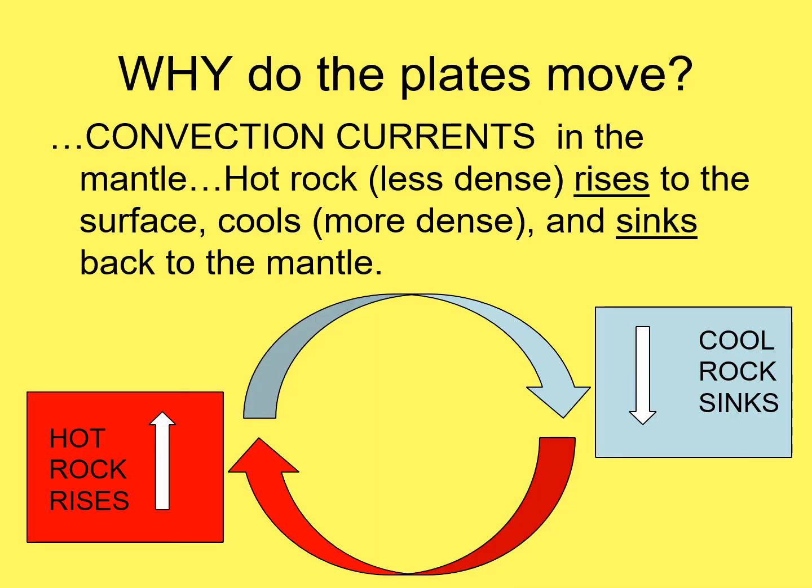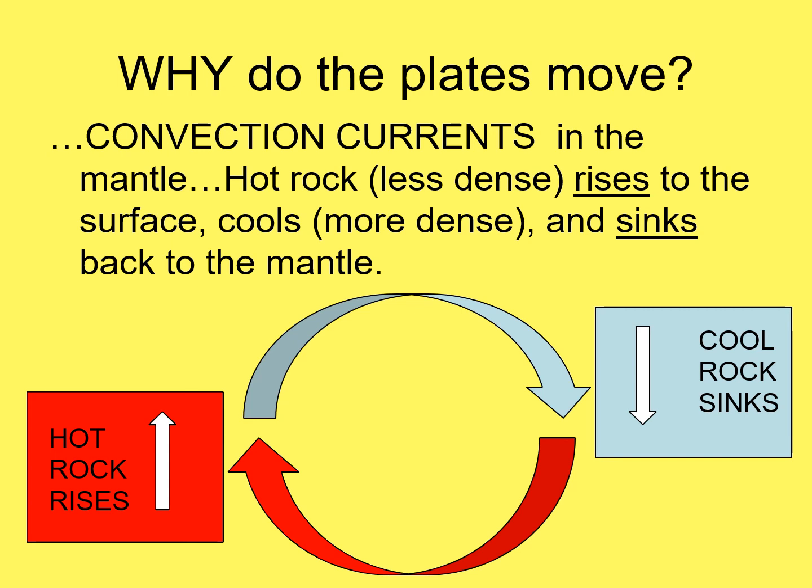You may be asking, well, what makes it all happen? Why are these plates moving? Well, we learned a while ago that in the asthenosphere, that melted, ooey gooey, semi-solid, molten rock is always moving. Well, now we're going to learn about why it's moving. And the reason it's moving is convection currents. So we've got that molten lava that's really hot, but we know the further we go down, the hotter it gets.